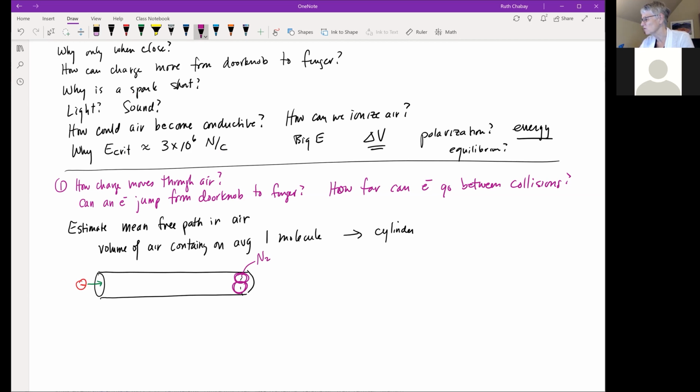So if that's N2, that could be the diameter, say, of something like N2. Now, I know it doesn't exactly have a diameter because it's probably shaped like a dumbbell, not a sphere, but roughly some average molecular diameter. And once this electron enters this cylinder, it's guaranteed to collide with one atom. And how far it goes here, the distance it goes before it collides, this is the mean free path.